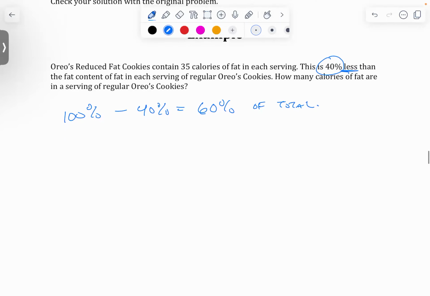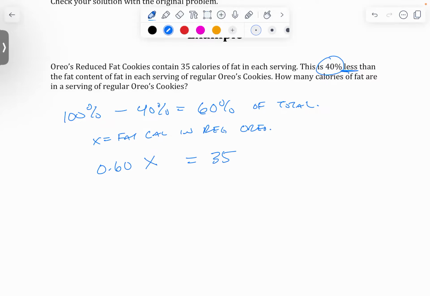And if we were trying to identify, there are 35 calories of fat in reduced Oreo cookies. That's 40% less than how much is in a regular Oreo cookie. Fat calories in regular Oreos.